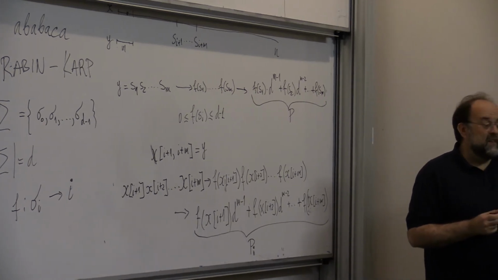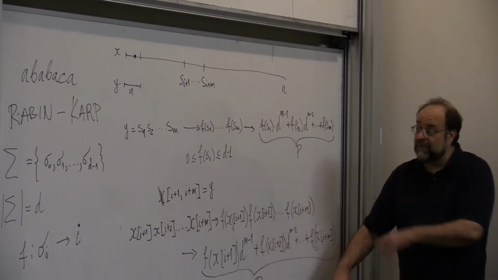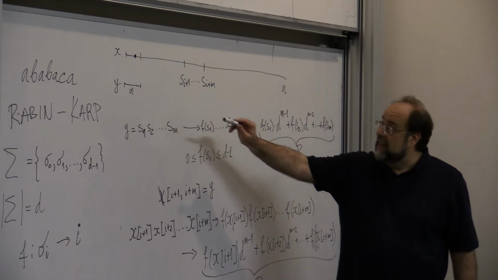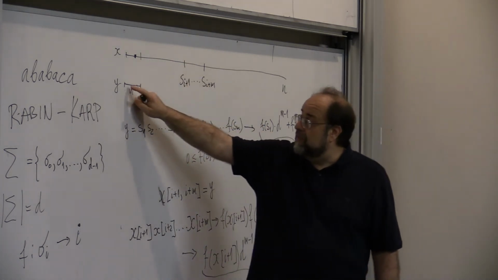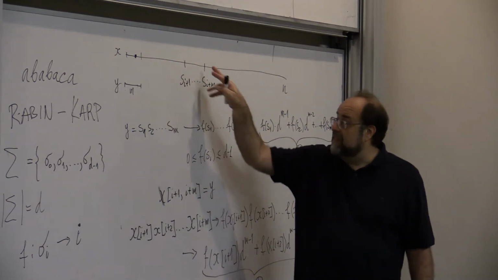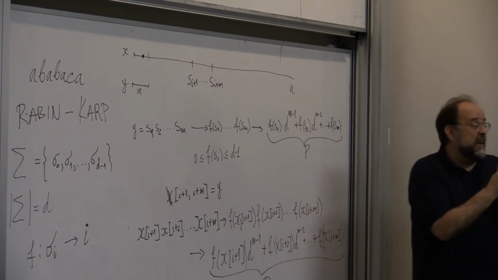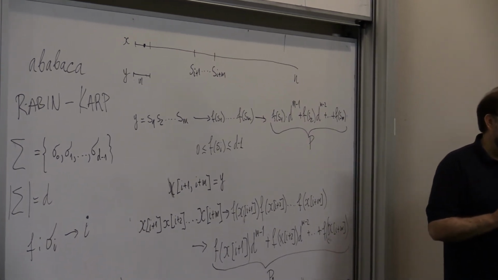So essentially, if you had a computer with gigantic registers, this would replace matching one by one the symbols of y with the symbols inside x, with a single operation of just testing whether the two numbers are equal, right?